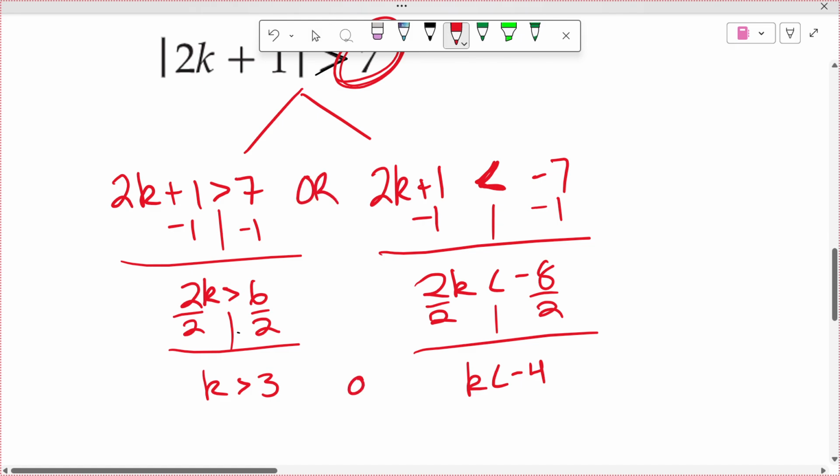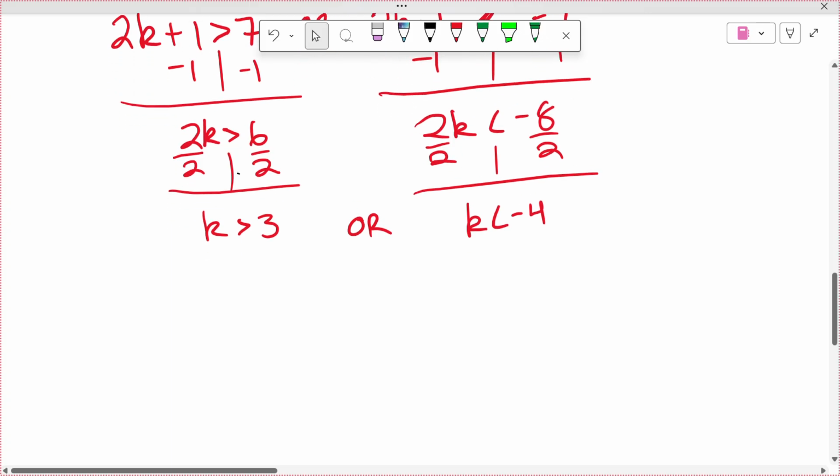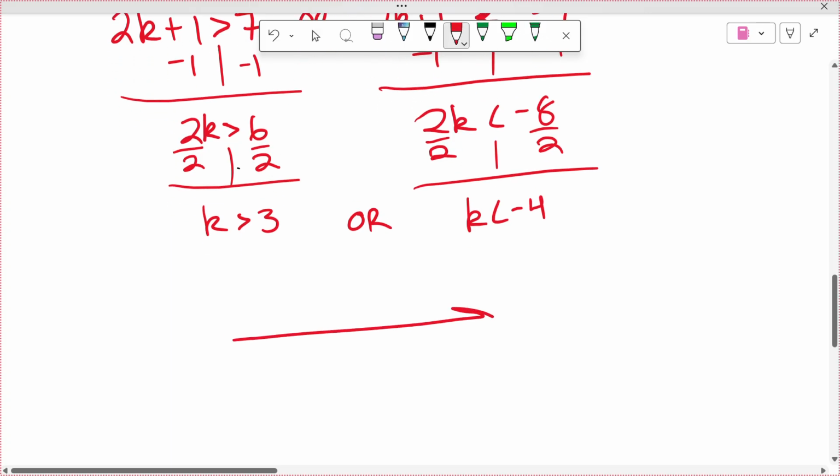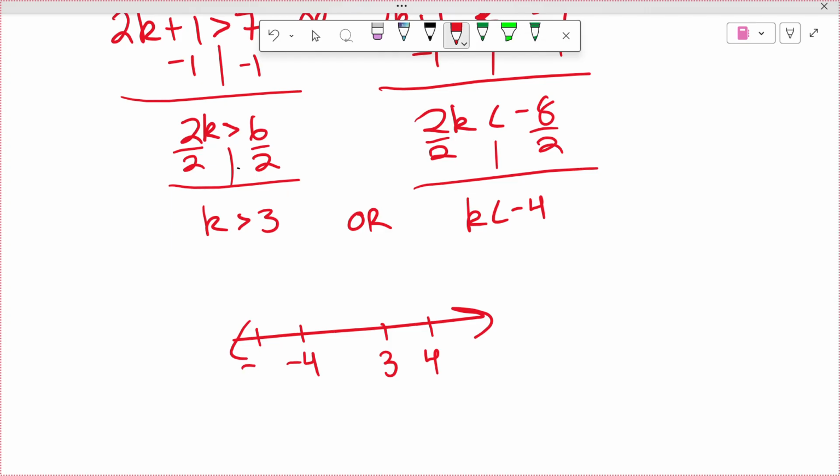So I'm going to put the word OR in between my answers, and I'm going to graph this like an OR problem. So number line. On the left, I'm going to put the smaller number. On the right, I'm going to put the bigger number. And then again, I want k greater than 3, open circle on 3, shaded to the right. K less than -4, open circle, shaded to the left.